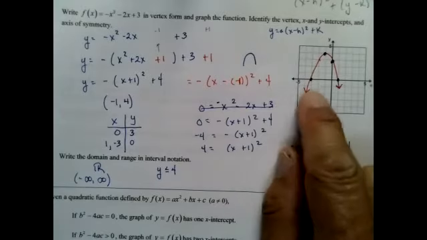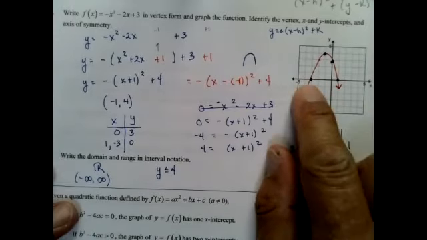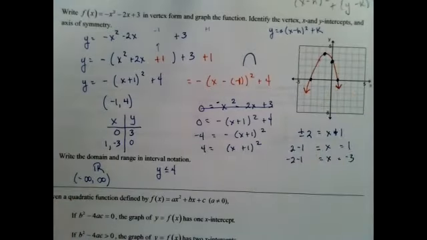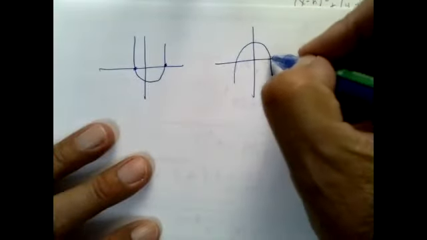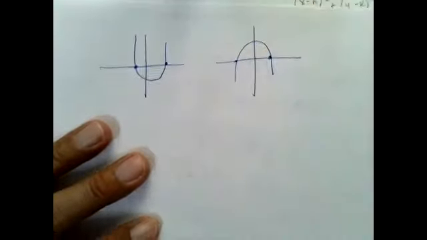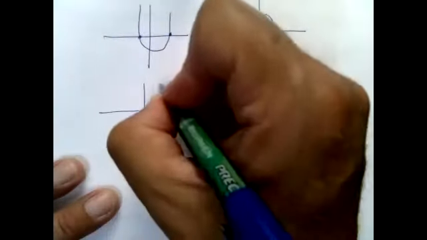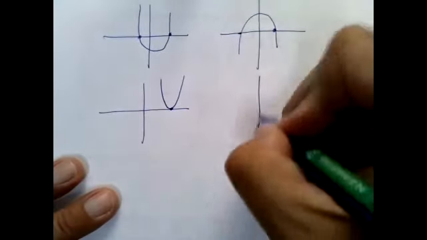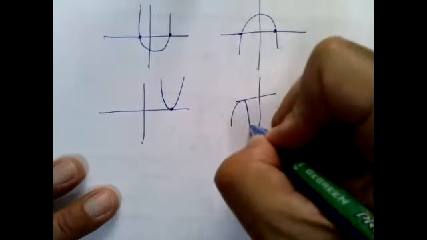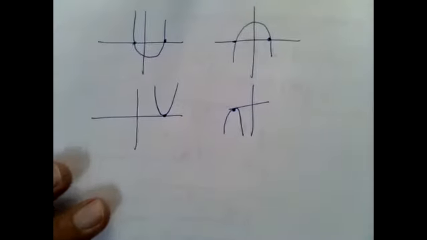Okay, so this guy had 2 intercepts. I can have a graph that opens up that has 2 intercepts. I could have a graph that opens down that has 2 intercepts. I could have a graph that opens up that only has 1 intercept, or a graph that opens down that only has 1 x-intercept.